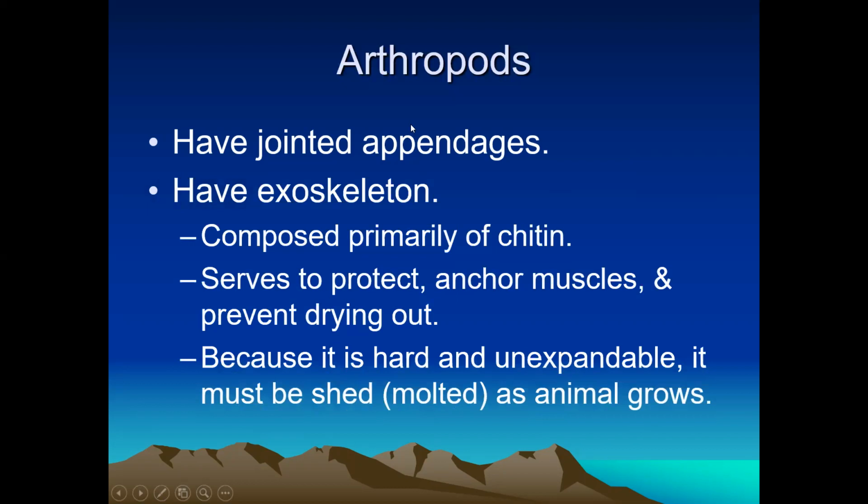These organisms all have an exoskeleton, a skeleton on the outside of the body, composed primarily of chitin. We've seen chitin before. That was in our fungal cells. The fungal cell wall was made up of chitin instead of cellulose.